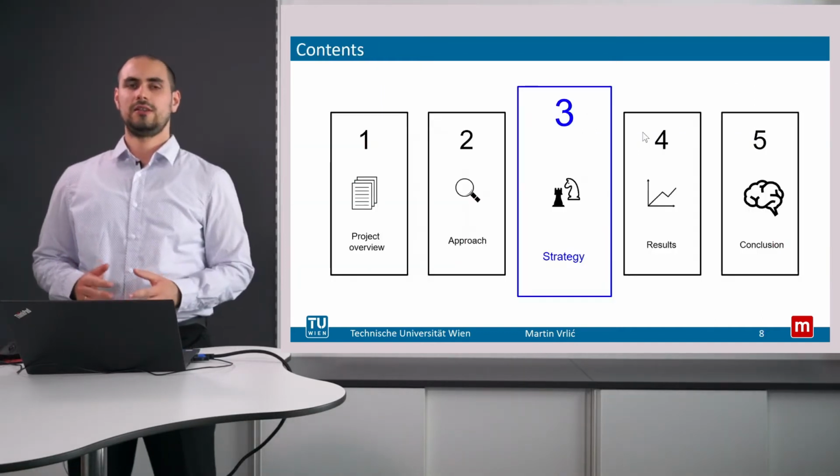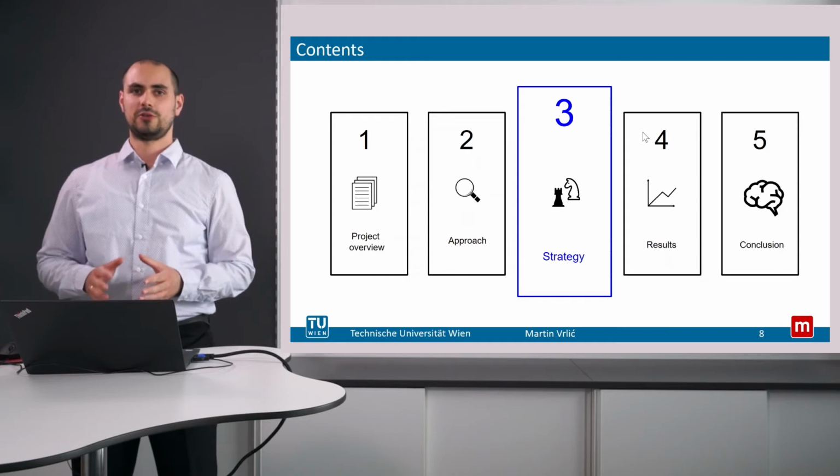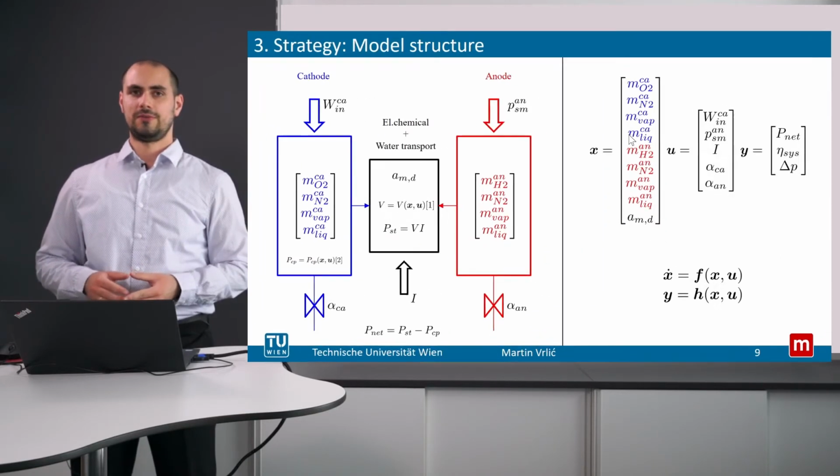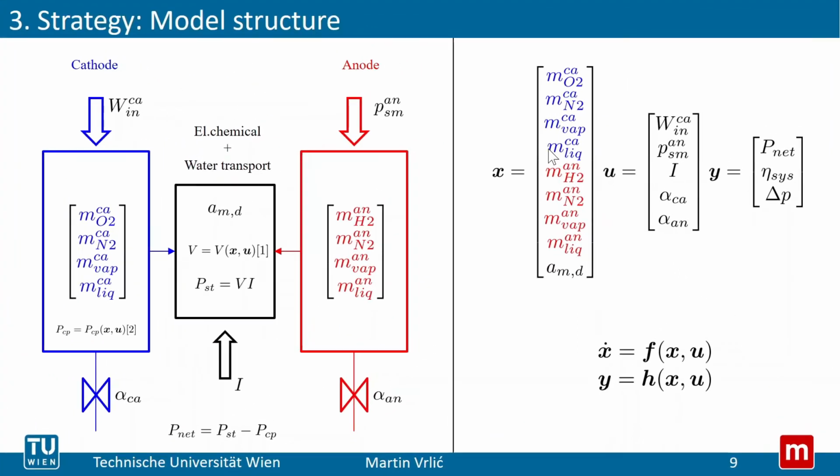Let's now see the actual strategy that we used for this project. The first step was to develop a model. The structure is as follows. It consists of the cathode channel, where the air flows, the anode channel, where the hydrogen flows, and the electrochemical and water transport submodule, which couples the two channels.